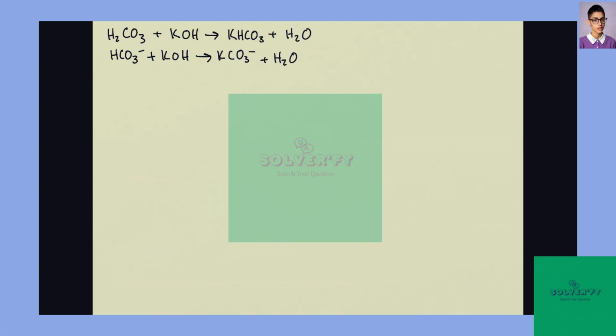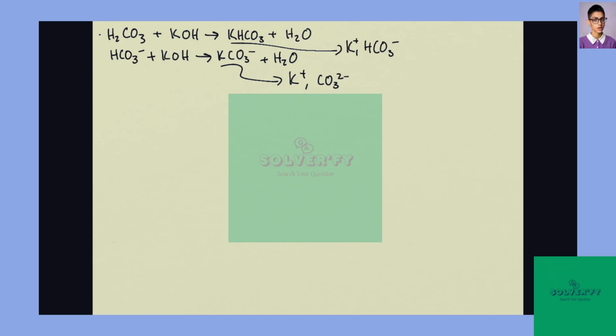Titrating H2CO3 with KOH will result in two equivalence points because H2CO3 has two protons to lose. First, it will form HCO3-, which will then further react with KOH to form CO3 2-.